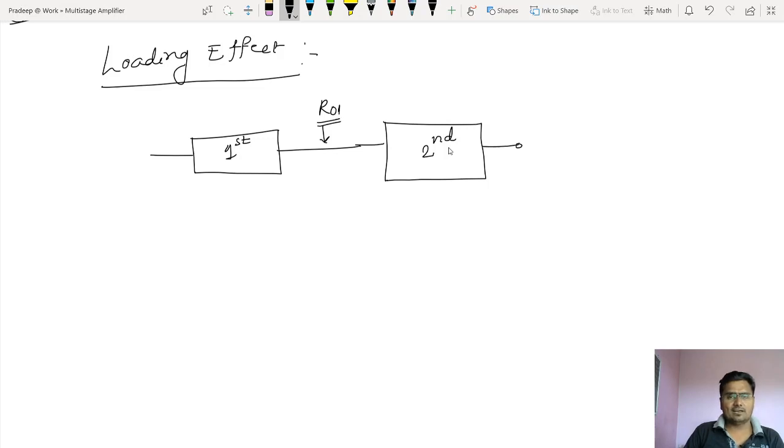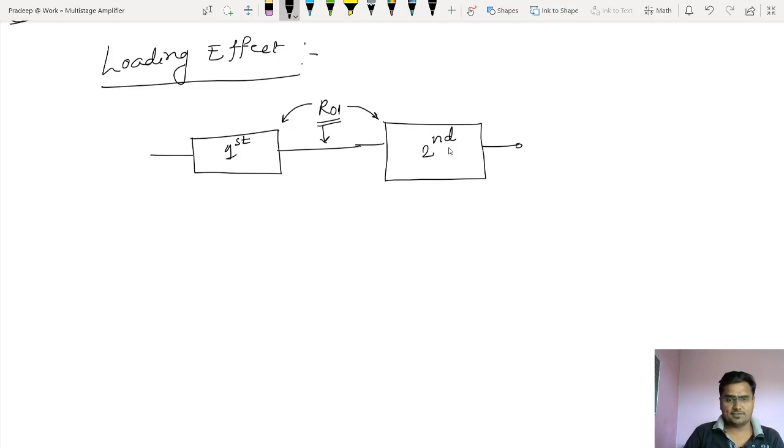This RO1 is acting as the output impedance of the first stage as well as the input impedance of the second stage. Is it not? This RO1 is playing two roles. One role is that it is the output impedance of the first stage. It is also the input impedance of the second stage.